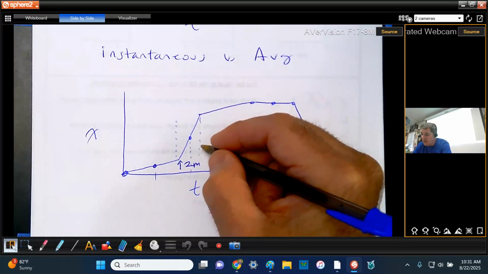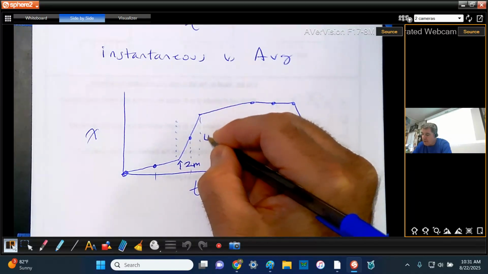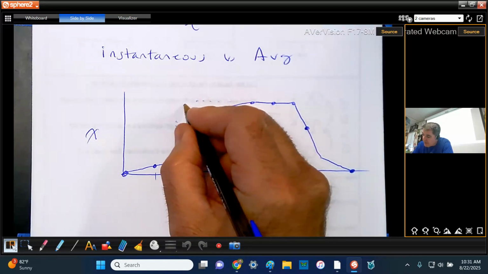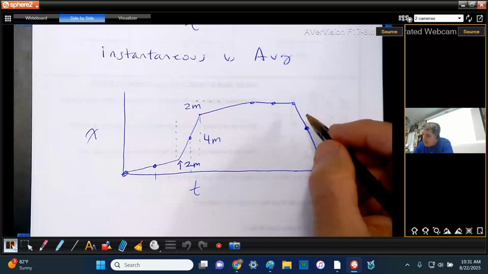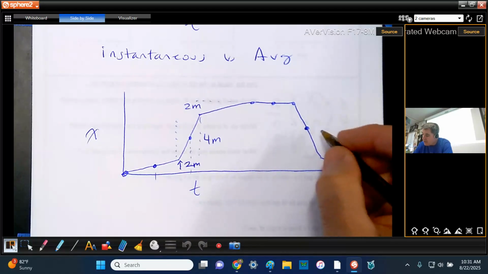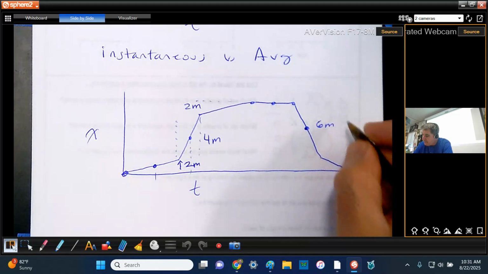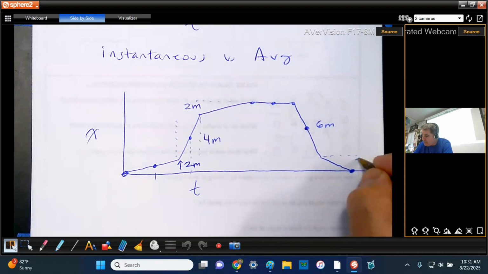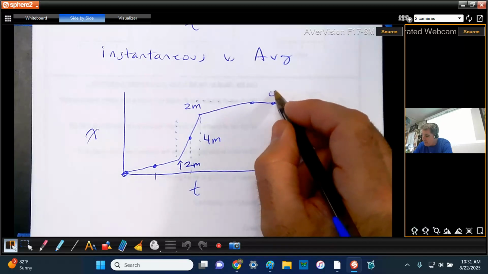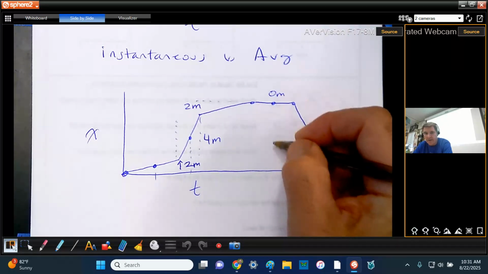And then this distance here, we'll call another 2 meters. And then this distance here, I'm going to call 6 meters. And this distance here, I'm going to call 2 meters. And this distance here is 0 meters. I'm going up and down 0 meters.